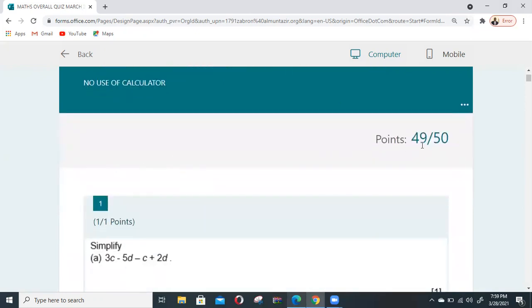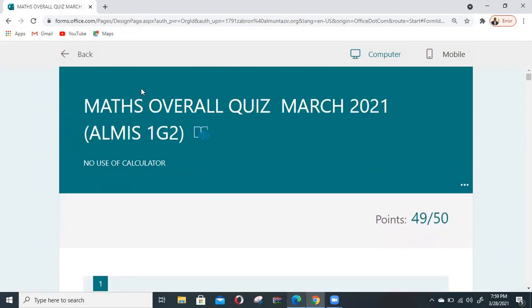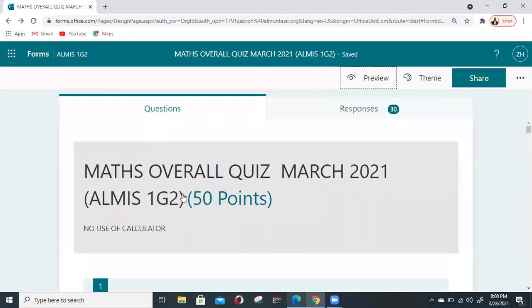Unfortunately I got 49 out of 50 because one question has no answer to choose from. So as a teacher, I'm going to go back and make sure all the students who have done this quiz get 1 point bonus.